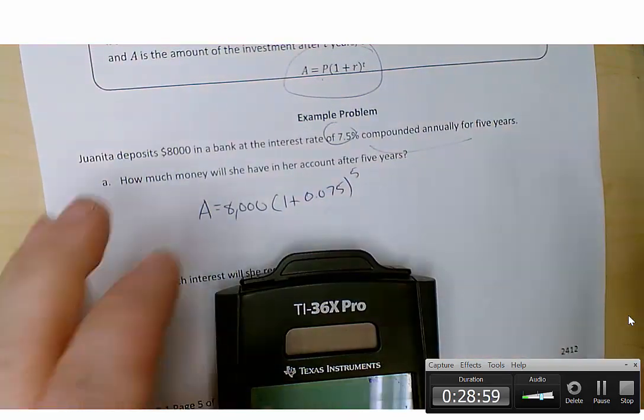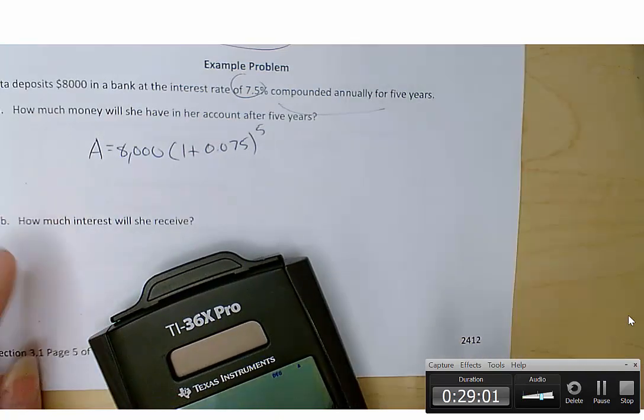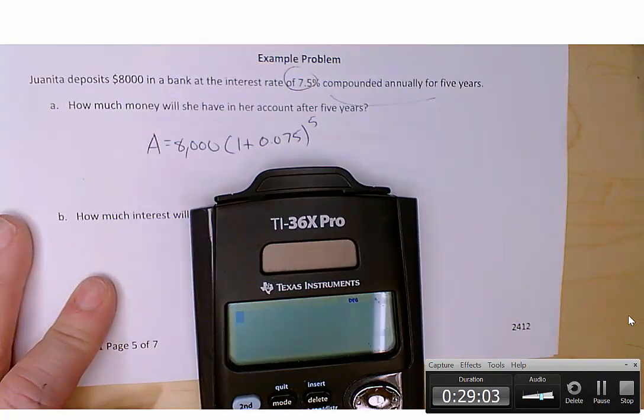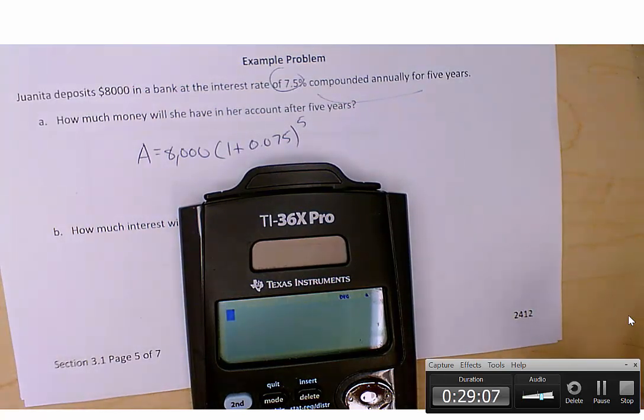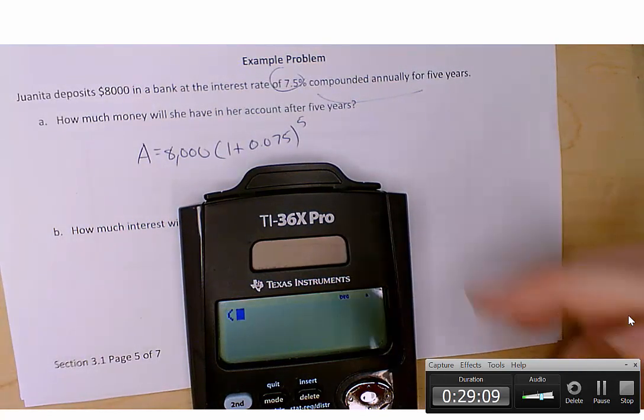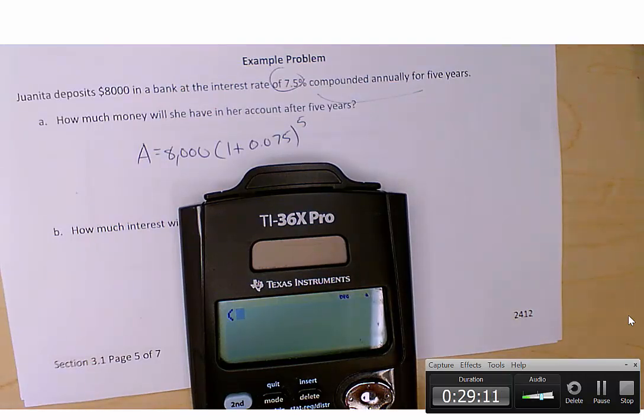So I am going to go ahead and throw this into the calculator. Let me put that to where there's not a lot of glare on that. I'm going to do the exponent portion first. We have 1 plus 0.075, close your parentheses, and raise that to the 5th power.